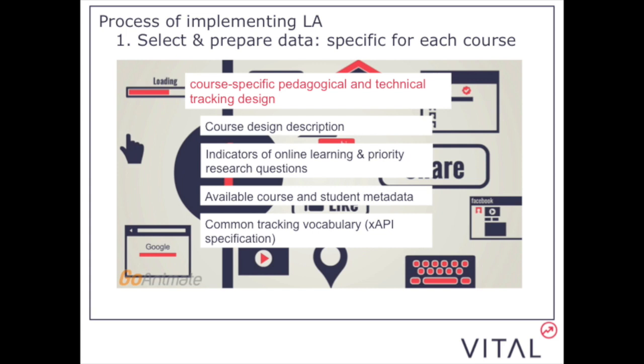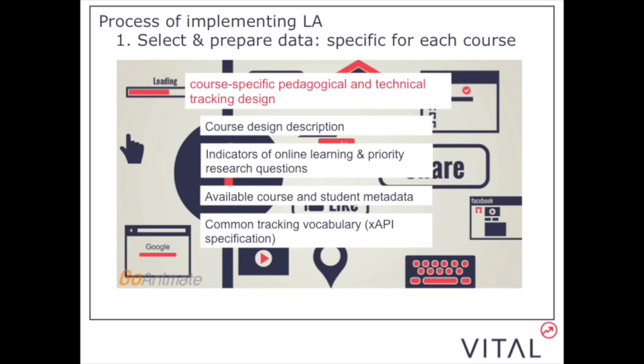So we designed a pedagogical and technical tracking design, which contains a summary course design description, allowing us to compare the courses and their designs. A selection of indicators that we found most interesting, fitting the research questions that were most important to us. Looking at which course and student metadata are available and are useful.